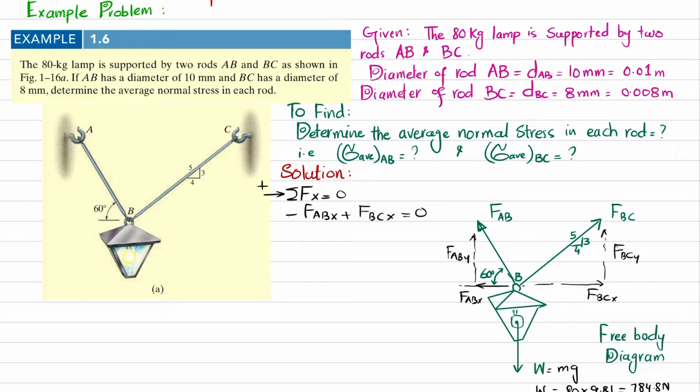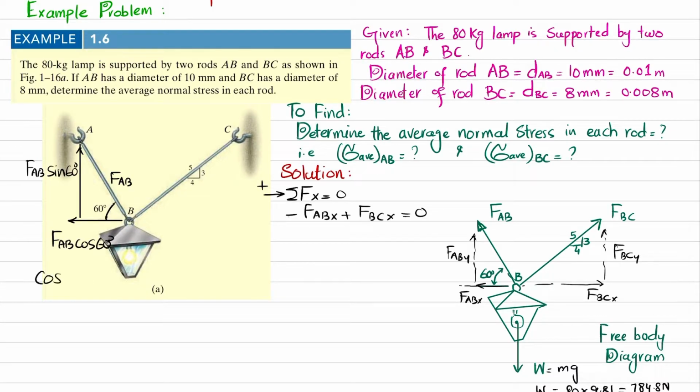So you can see that this angle is 60 degrees, so it's one component. Let this be FAB, so this component will be equal to FAB cos of 60 degrees, and this vertical component will be equal to FAB sine of 60 degrees. Why? How?